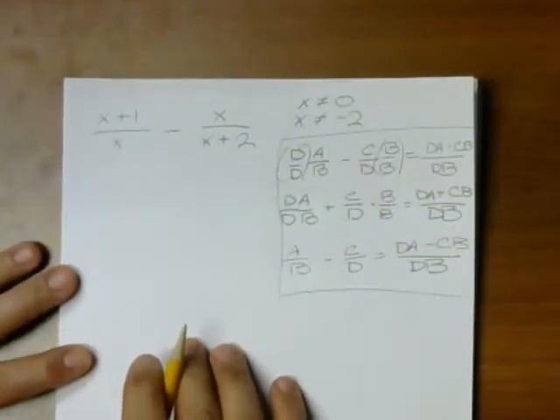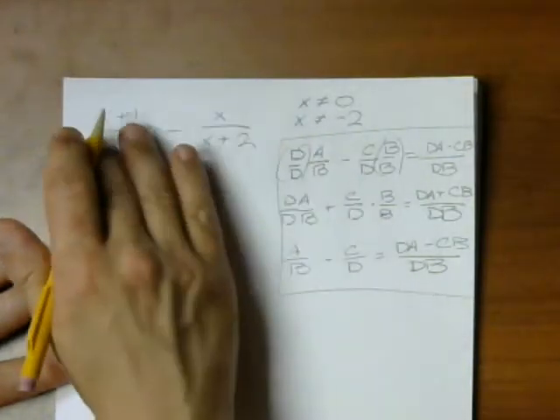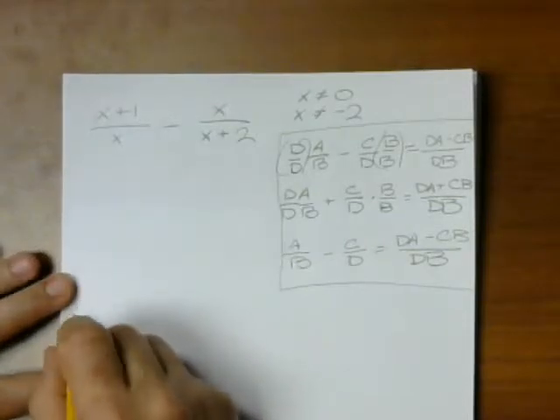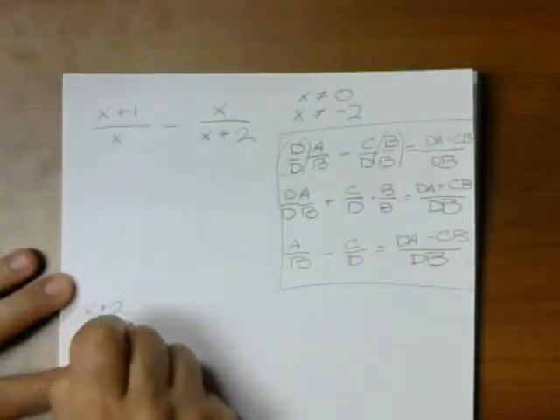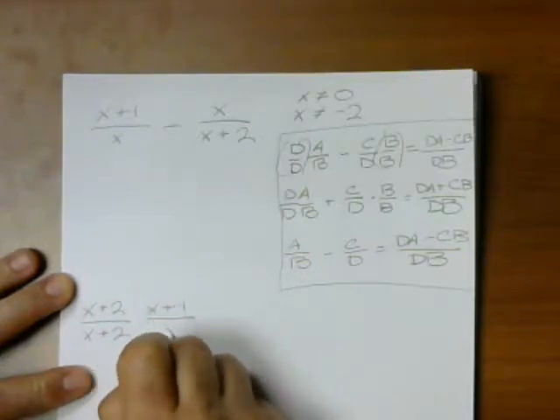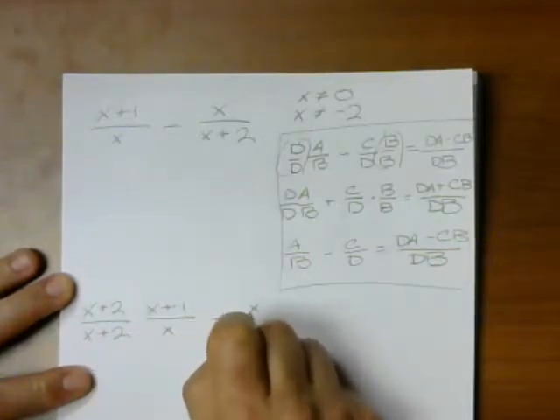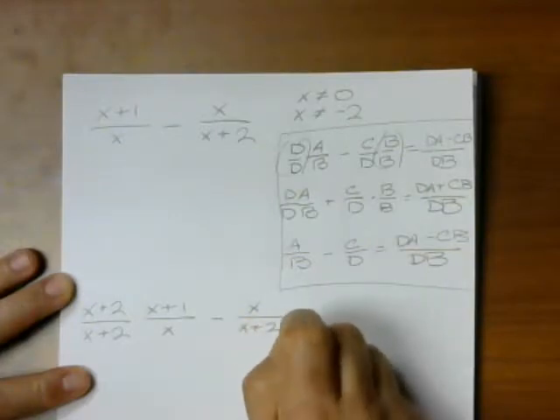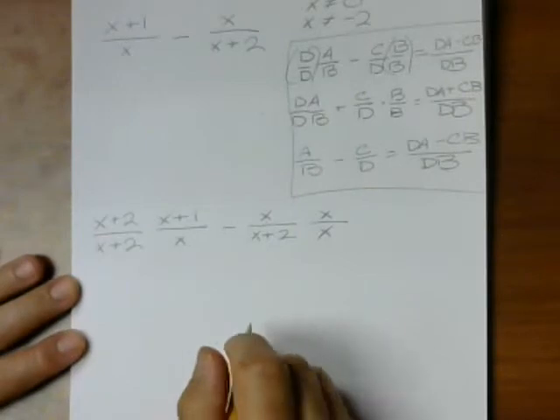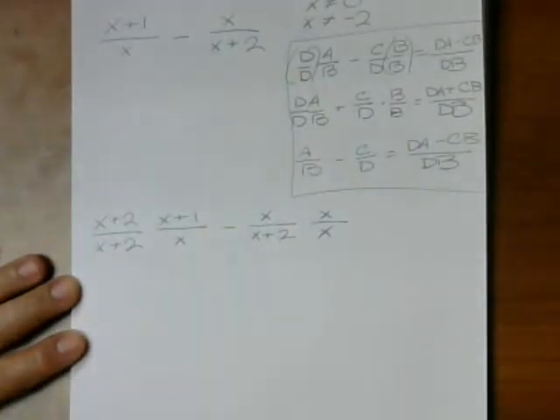Okay, so I want to subtract. So what I'm going to do, and I'm going to write down here to give myself some room, is I'll multiply by x plus 2 over there. And I'll multiply by x over x on the other. What's that going to do? Well, it's going to make the denominators equal.